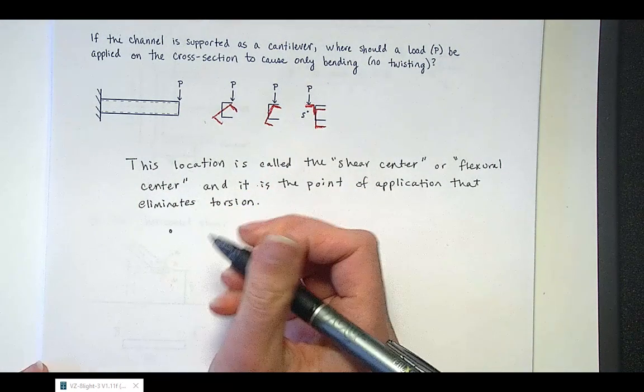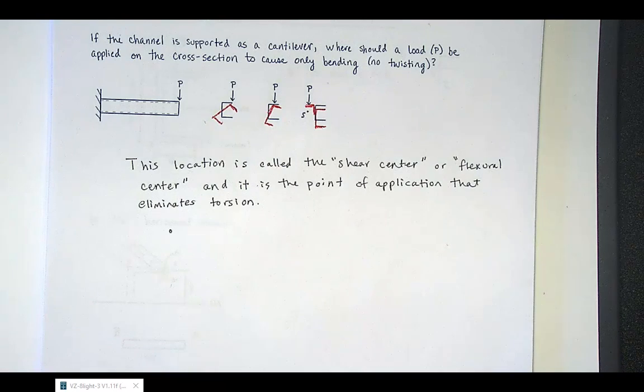So for solid cross sections, the shear center is usually at or near the centroid of the shape.